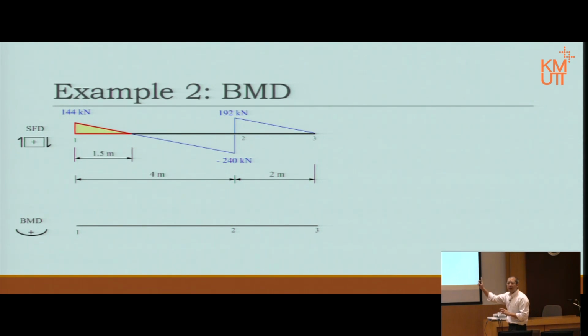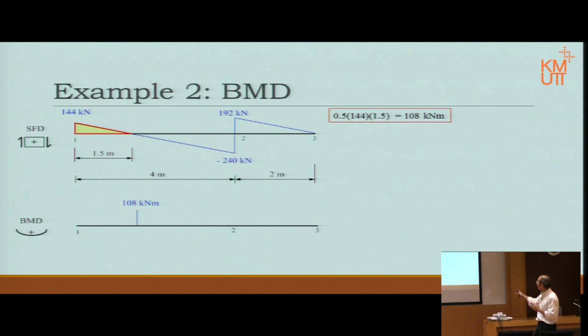Meaning at the beginning, the slope is higher than at the end. So therefore, if the slope is high, the change is quick. Therefore, the graph of the bending moment will be steeper, and therefore it becomes in that shape. Oh, hang on. The area is 108. Okay, change from 0 to that point, then it becomes 108 kilonewton meters.